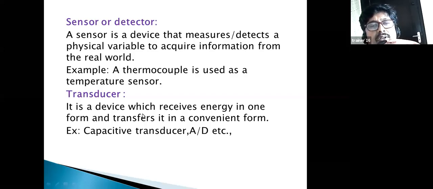In transducers there are so many examples: capacitive transducer, analog to digital converter, and digital to analog converter.